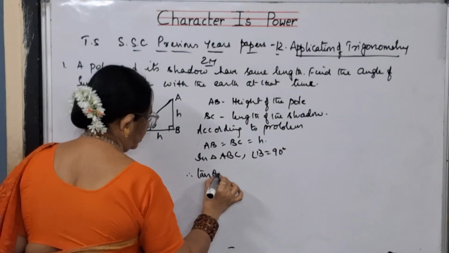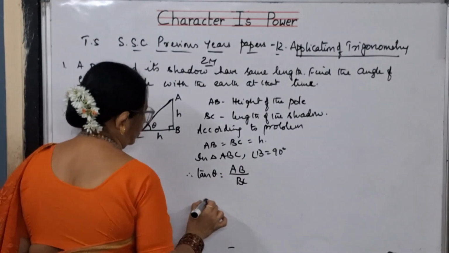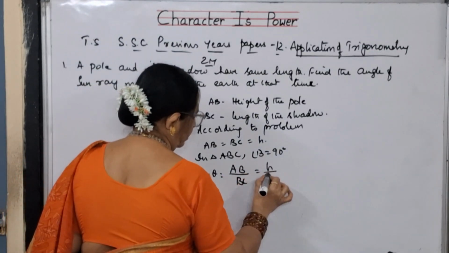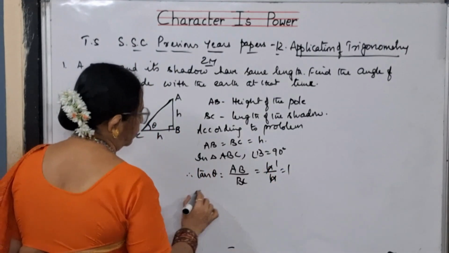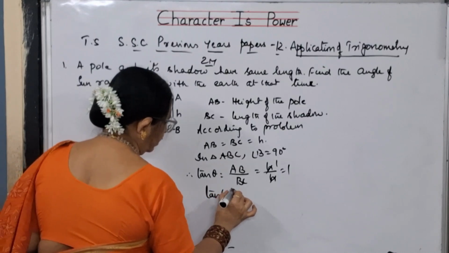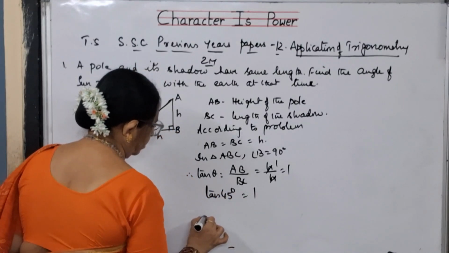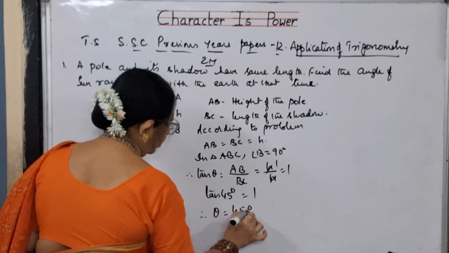Therefore, tan theta is equal to AB by BC. This means H by H. These two will get cancelled and you are getting 1. We know that tan 45 degrees is equal to 1. Therefore, theta is equal to 45 degrees.